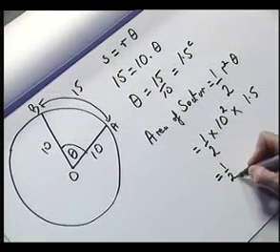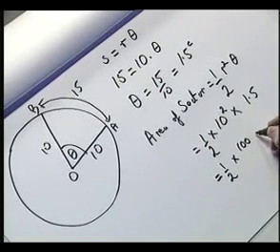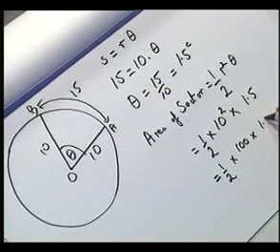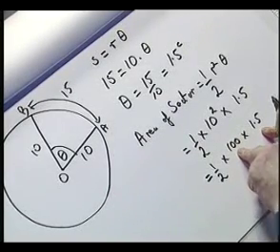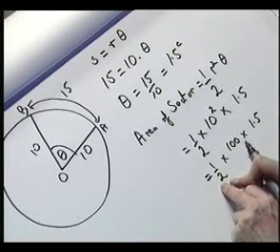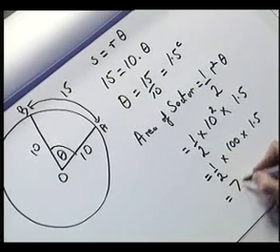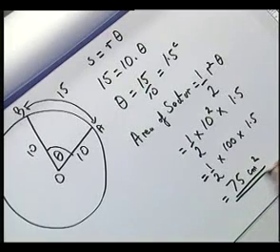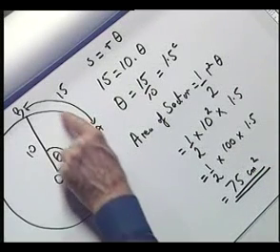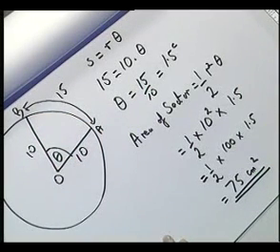So that's a half times by 100 times by 1.5. Now, 100 times by 1.5 is 150, and we want half of it, so that is 75 centimetres squared. So that's the area of this sector.